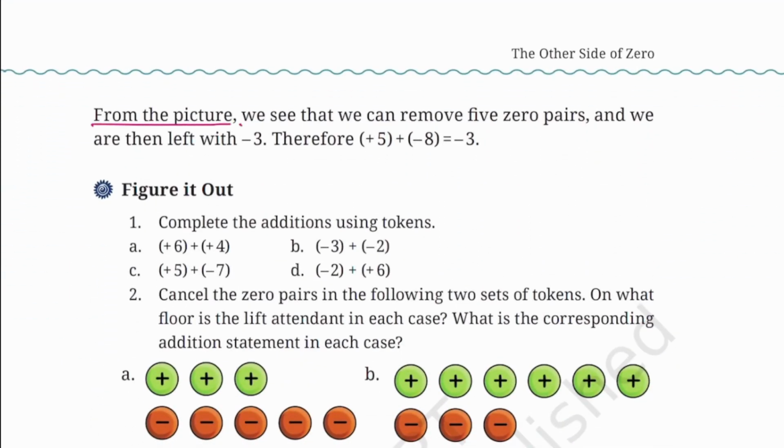From the picture, we see that we can remove 5 zero pairs and we are then left with -3. Therefore, +5 plus -8 is equal to -3.